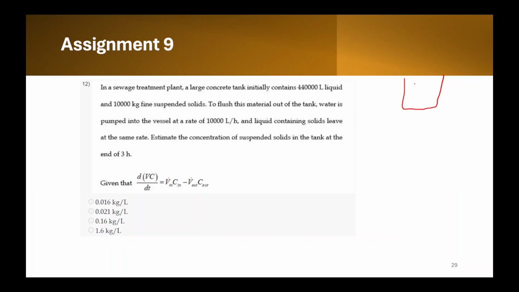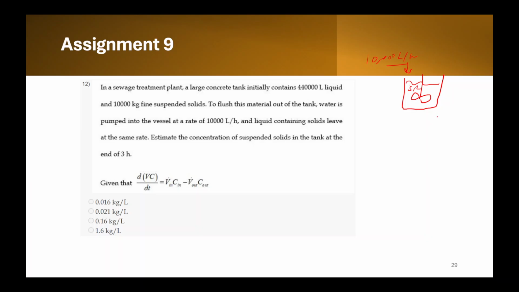So basically what you have is a tank. There is a constant agitation here. Already you have some solid and some liquid. There is some concentration of this fine suspended solid in this liquid. You now add pure water, 10,000 liter per hour.